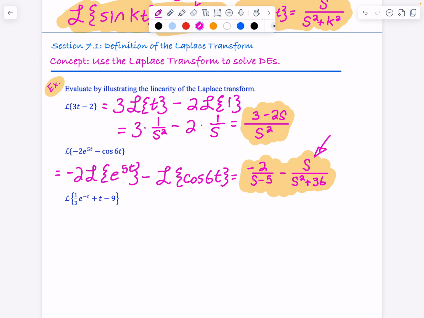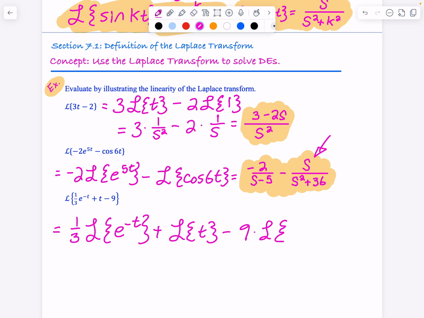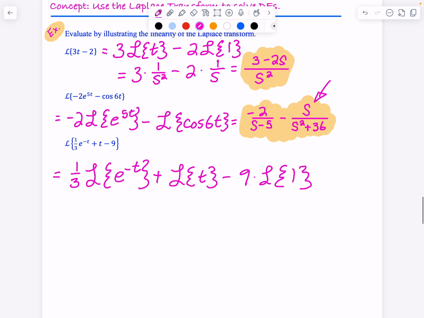All right, so the last one here, we have 1/3 times the Laplace of e to the negative t, plus the Laplace of t, minus 9 times the Laplace of 1. We solve each one of these.